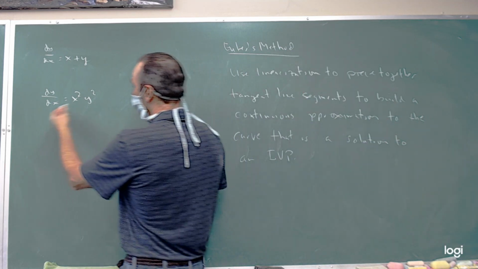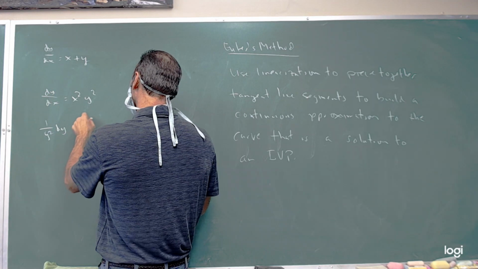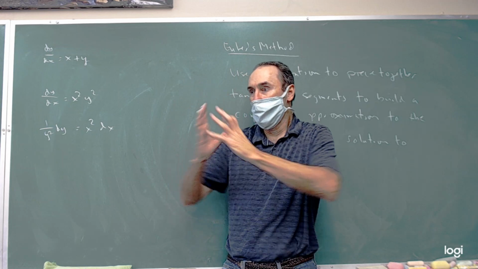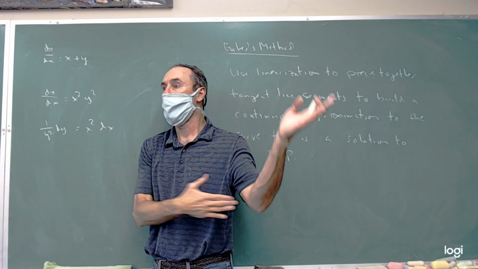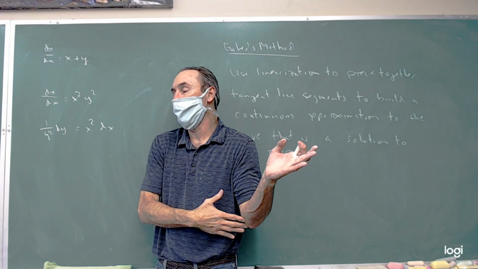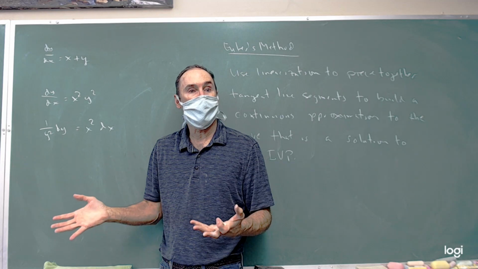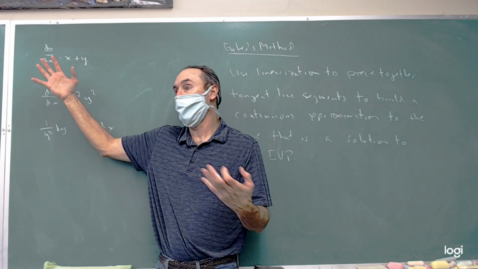So we could divide the y squared over to the dy side, multiply the dx to the x squared side, and we have separated the variables. All the y stuff times dy is on one side, all the x stuff times dx is on the other. Now we know how to do this. We can solve this from there. So this is a separable differential equation. This is not.